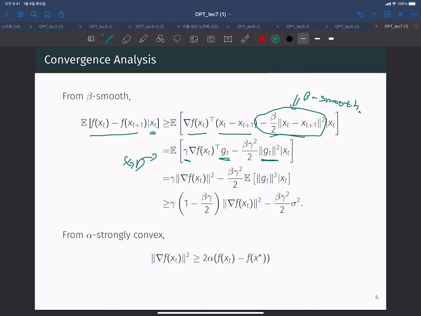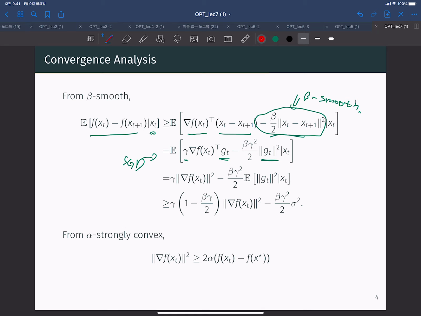Since this term is not a random variable, not a random vector, we can bring it outside of the expectation. So we have gamma times gradient of f(x_t) normed square. Now let's use the fact that the expectation of g_t is equal to the gradient of f(x_t).